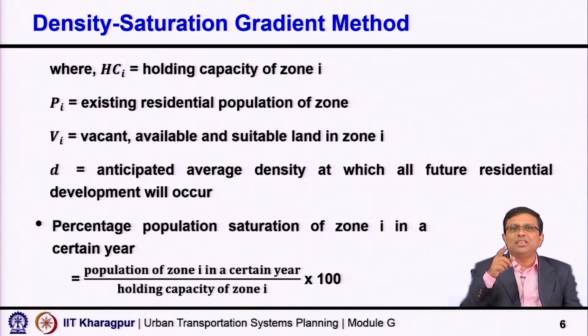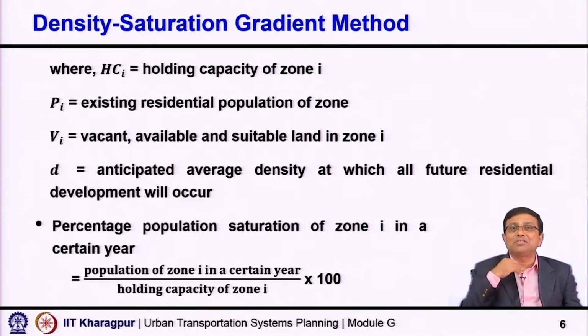D is the anticipated average density at which all future residential development will occur. In the future, what density will be permitted? That also may change over time. The government regulation changes, the housing regulations will change. That again becomes dynamic.